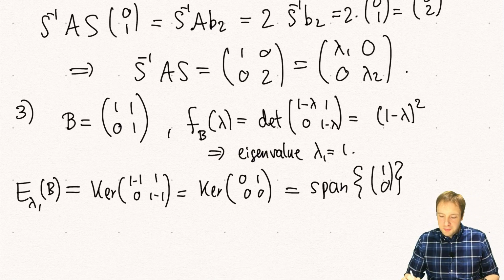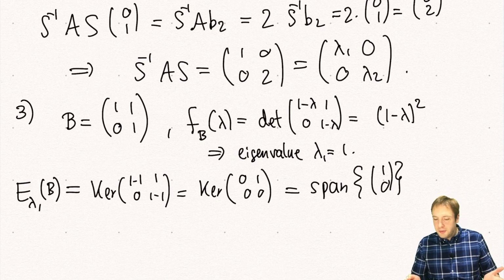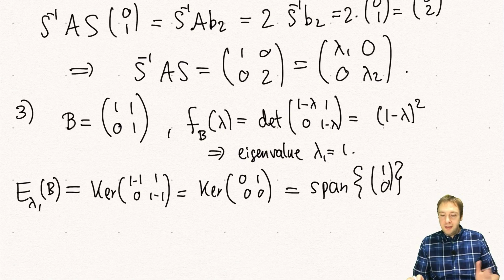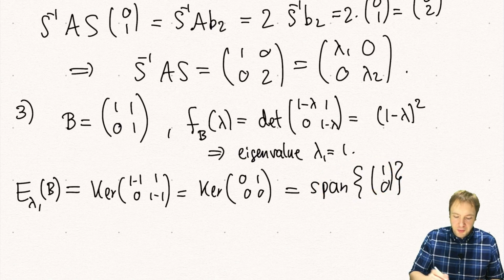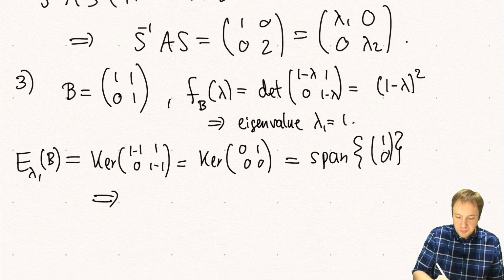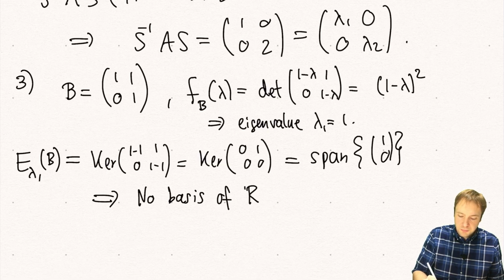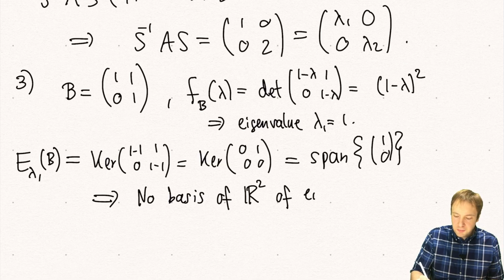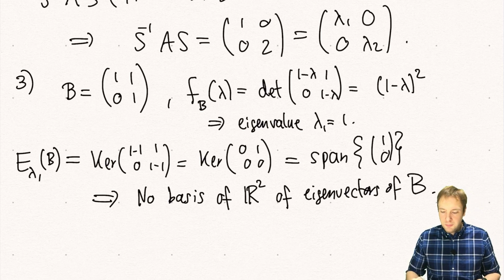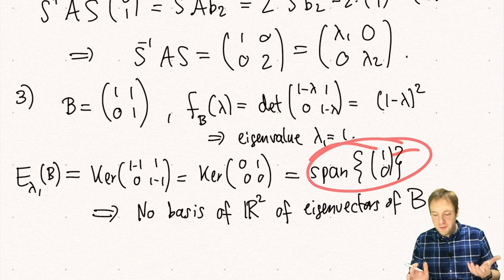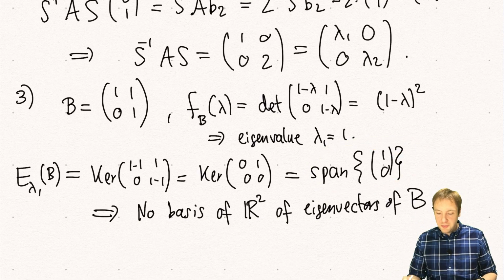So, in other words, I cannot find two different non-zero linearly independent eigenvectors because this is just a one-dimensional space. So there's no basis of R2 of eigenvectors of B, because this span is one-dimensional, so I cannot find two linearly independent vectors.